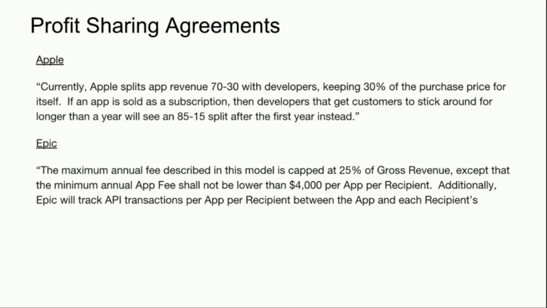Depending on the model, you can get it down as low as an 85-15 split. Same thing with Epic. They cap it at 25%. They also do a metering aspect, where they want to meter, and the latest, subject to change, is 4,000.